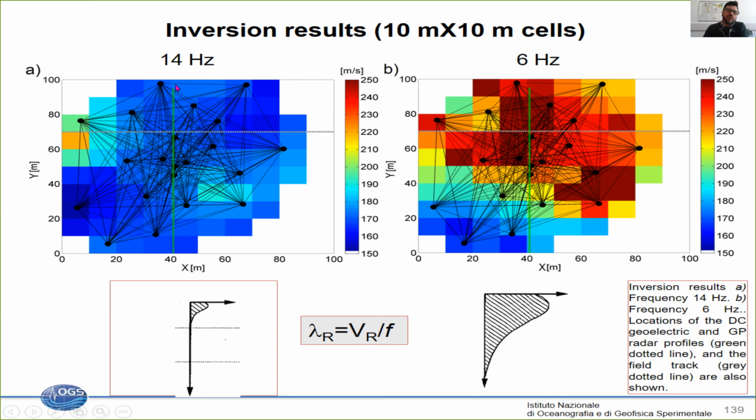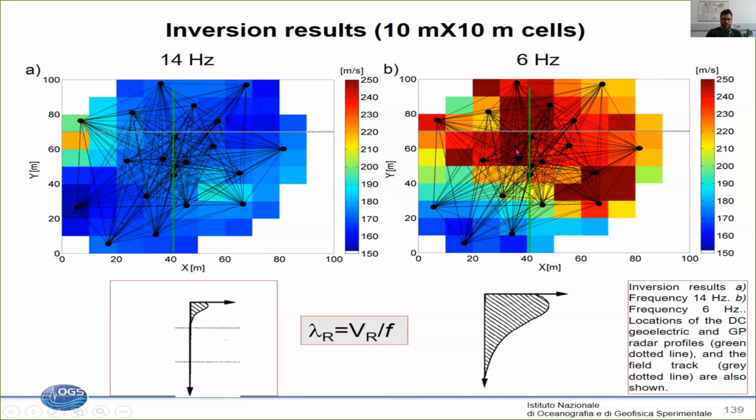If I look at the velocity changes at 14 hertz, I don't see so much. Only some problems here, probably related to the paucity of data and the very bad coverage that we have here. But in general, I have a very nice blue everywhere. So for a high frequency propagating only at the surface, remember lambda depends on the velocity divided by the frequency, everything is more or less homogeneous.